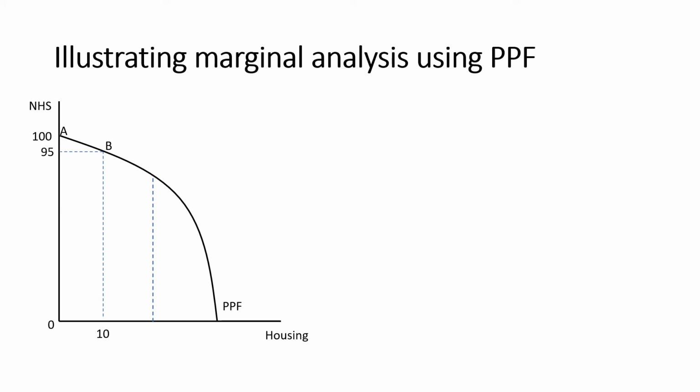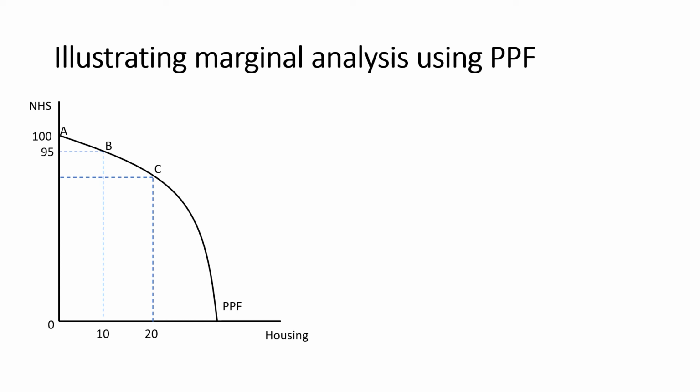So let's imagine that we want to do the same again. We want to increase the output of housing by another 10, from 10 to 20. That will involve moving from point B to point C. Again, to produce those extra 10 houses, we'll need to take some more factors of production out of healthcare.